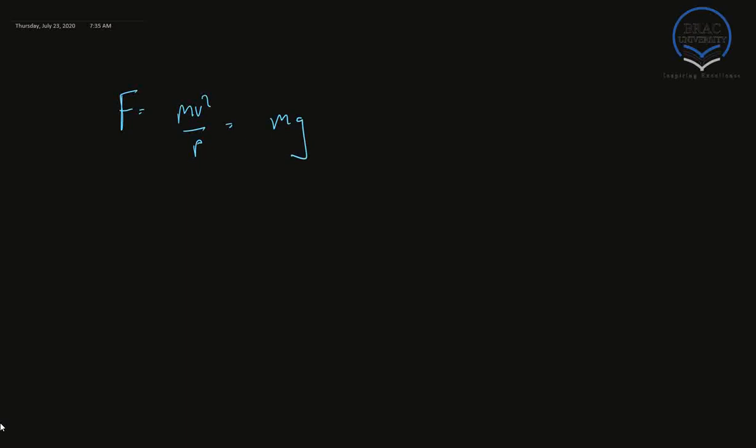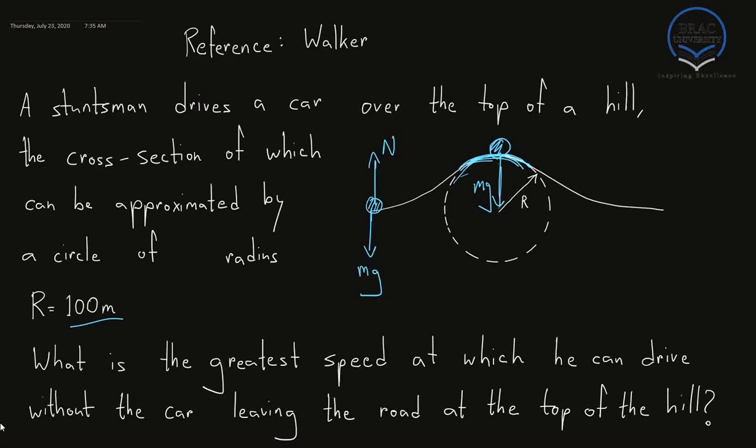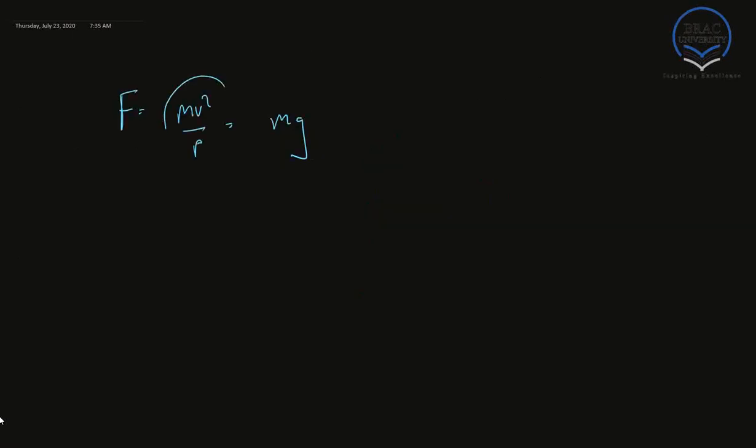It's not like mv square by r is some special force acting on the particle while it's here. We are just saying that this mg, which at this point points radially inwards, must provide the required centripetal force such that the body is able to move at velocity v along this circular path, right?